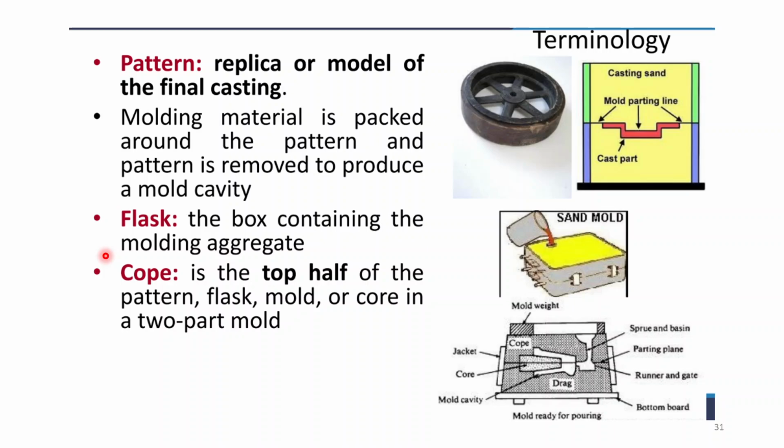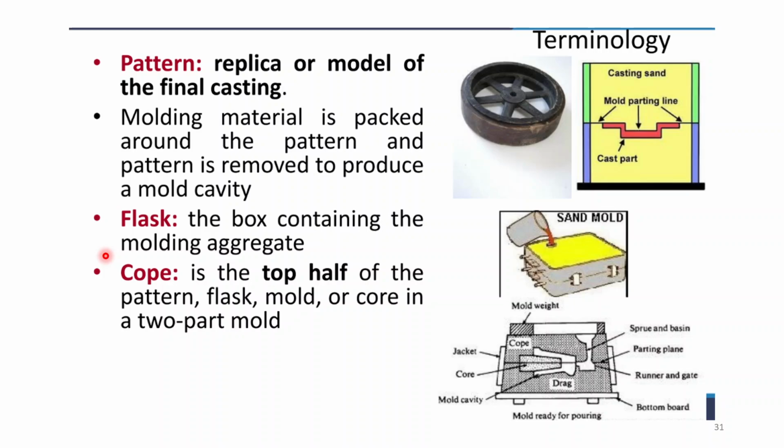Next you have the cope. In the flask, it is the top half of the pattern, flask, mold or core in the two-part mold. So with two parts, the upper part will be the cope and the lower part will be the drag.